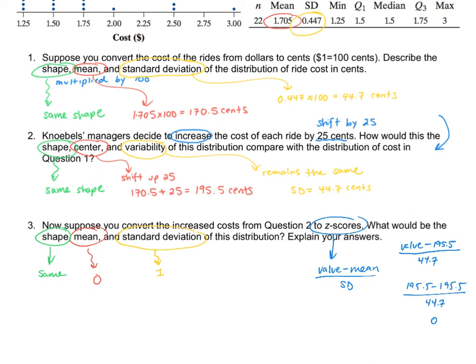And neither of those things changes the shape. So as a general statement, you could say all standardized distributions have a mean of 0 and a standard deviation of 1. All right, sounds good.